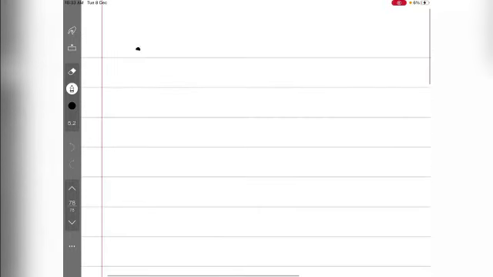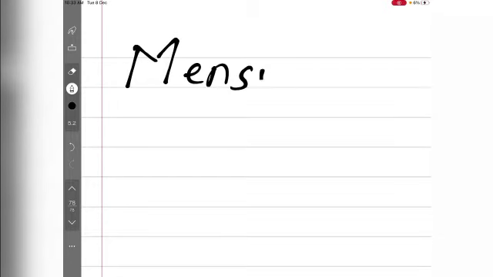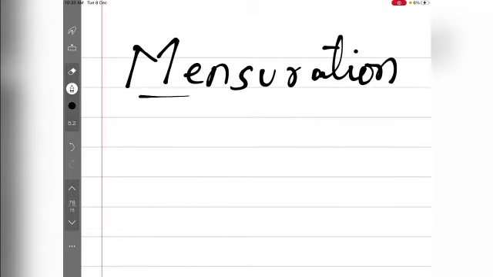Today, we are going to study the chapter Mensuration. Do you know the meaning of this chapter? Okay, let me tell you. What is mensuration?